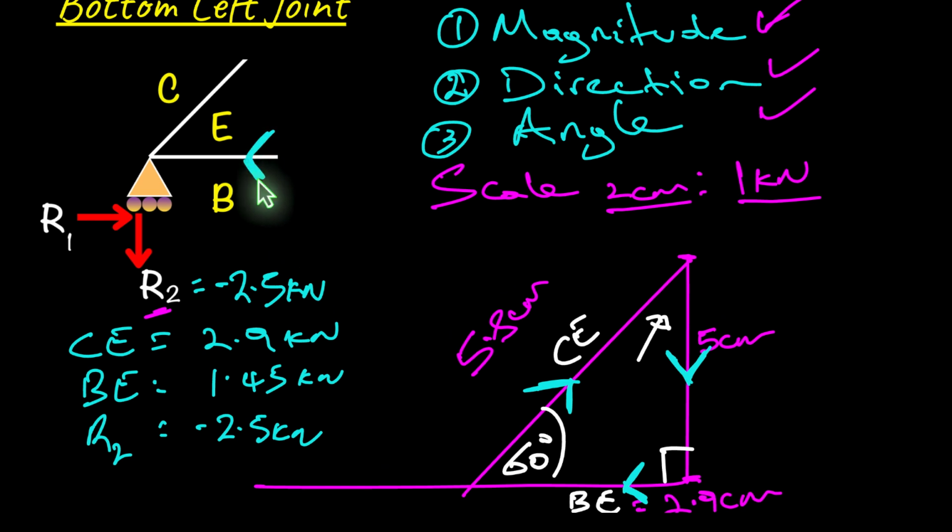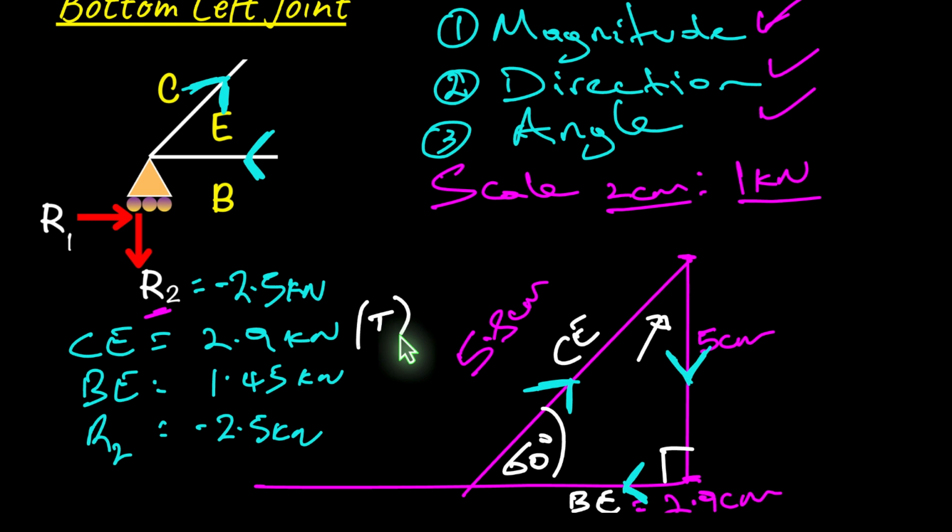You will notice that my CE arrow is going up, away from the joint, so this is going in the same direction like that. And how I determine now whether my force member is negative or positive: CE, you notice that arrow is going away from the joint. So what that means is CE is a tensile member, so it's positive.